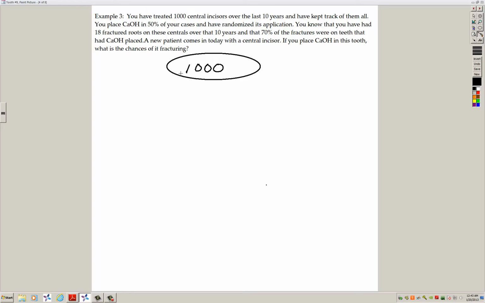And of those 1,000 teeth, 18 of them have fractured. Of the 18 that have fractured, 70% of those had calcium hydroxide. So there are 12 teeth that have fractured with calcium hydroxide, and there are 6 teeth that have fractured without calcium hydroxide.